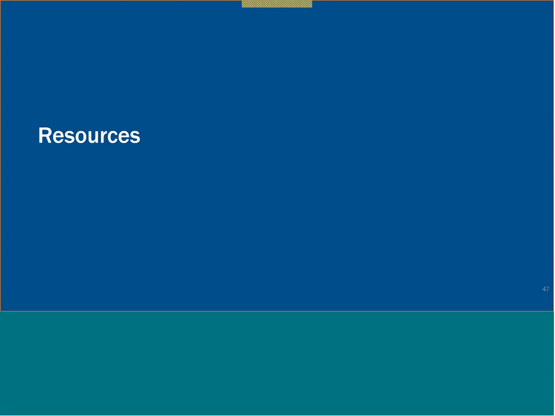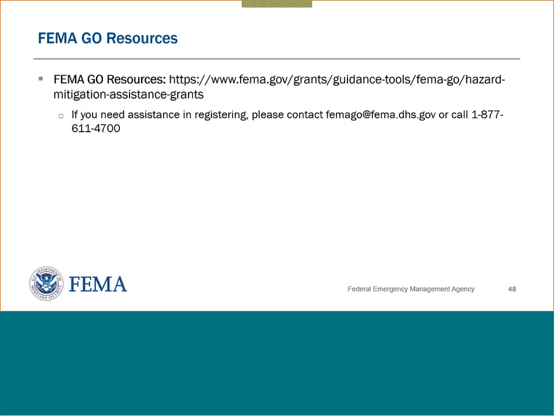Okay, here's a few resources that you can tap into. Next slide, please. We have FEMA Go. You've heard in previous presentations in our webinar series that FEMA Go is the electronic platform used for applying for funding under the BRIC program and also the Flood Mitigation Assistance Program.